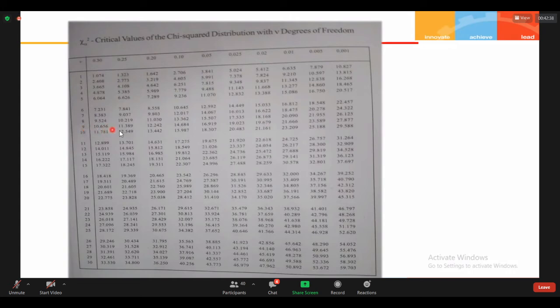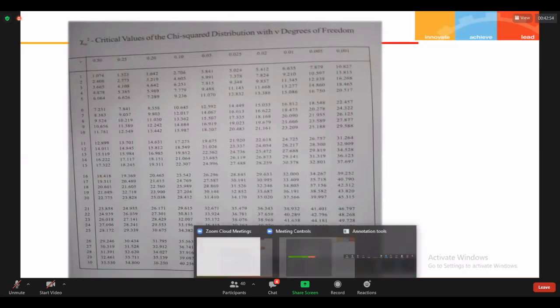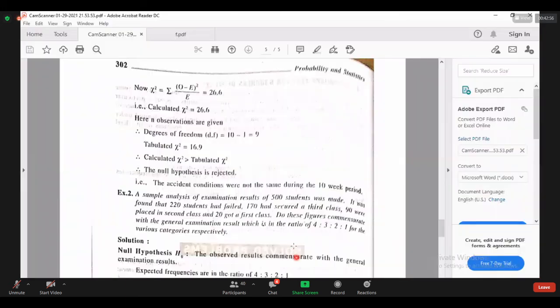The corresponding value we have to see: 9 degrees of freedom, alpha 5%, 16.919. This is the chi-square tabular value. The table value 16.9 is taken.